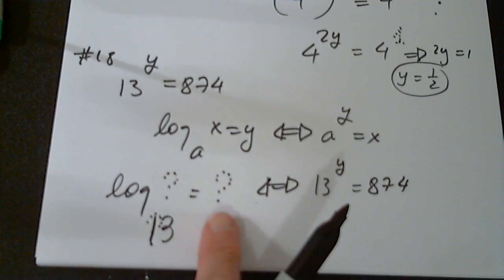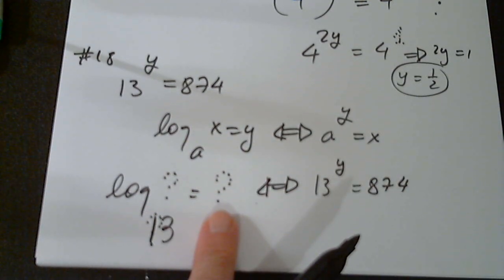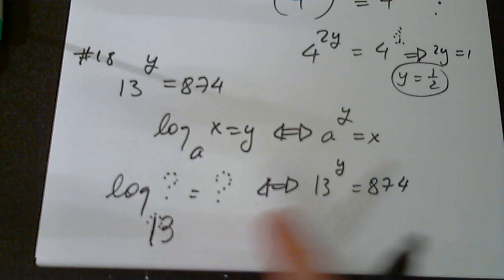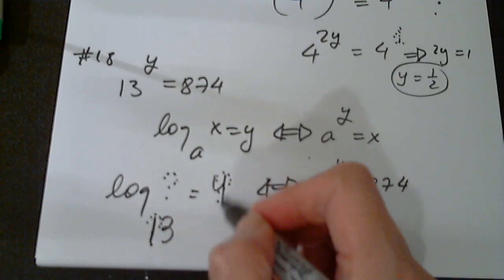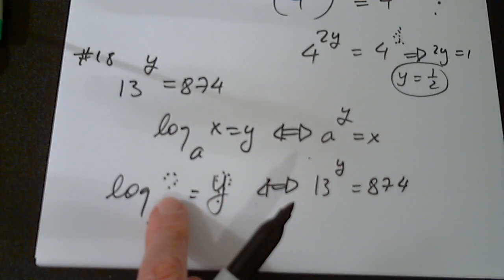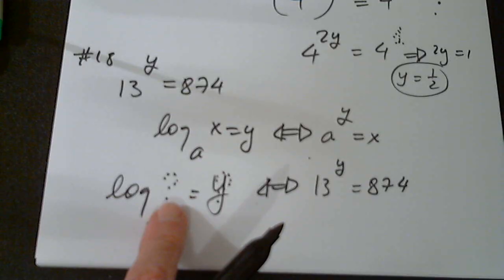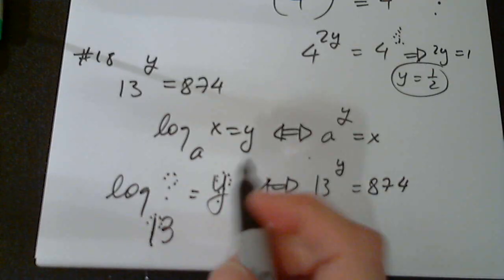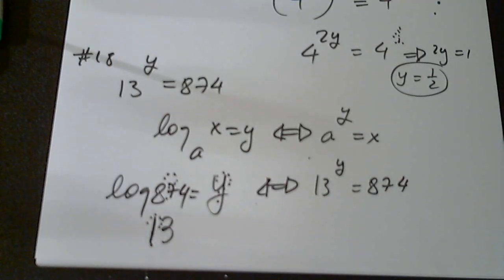What do I put here? From here. But why? Exactly. And of course, what is left for this? 874. Of course. That's it.